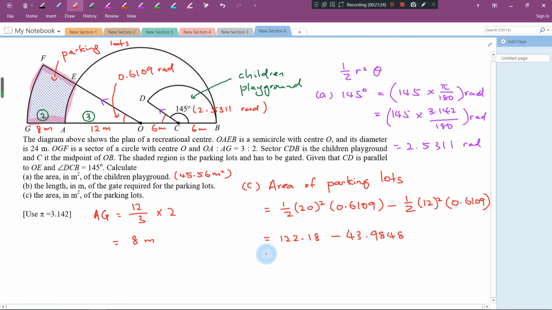If you don't want to, you just round off to 4 significant figures. Since this is not very long decimal places, I take all, so it will be more accurate. 122.18 minus 43.9848. For the final answer, we just round off to 4 significant figures, which is 78.20. Okay, so this is the final answer for this part.